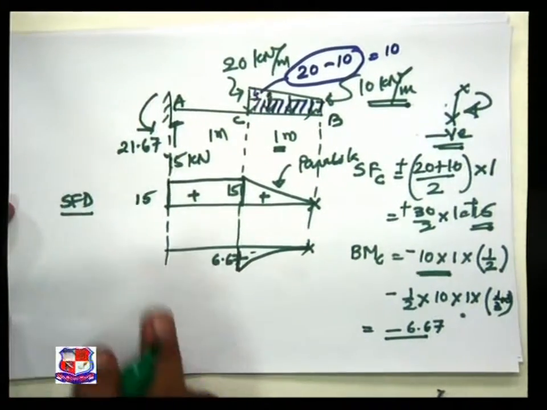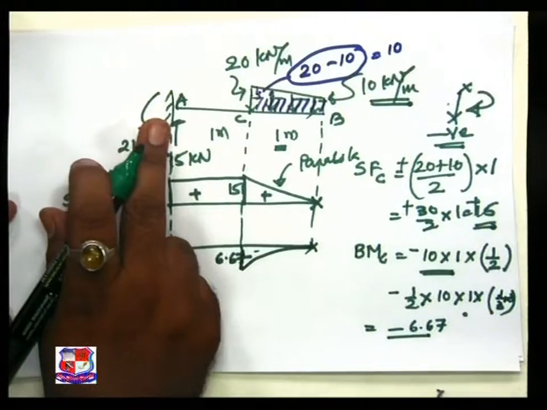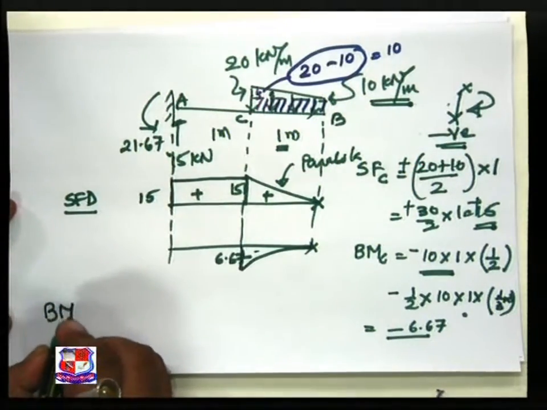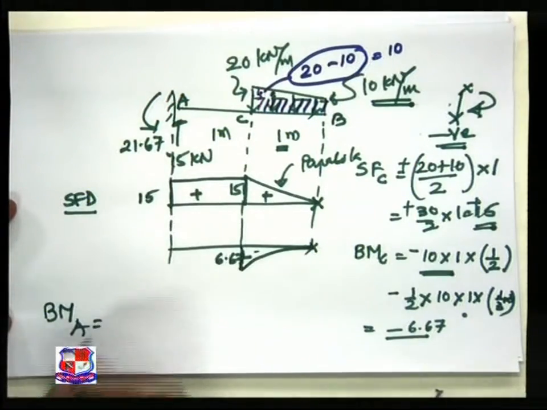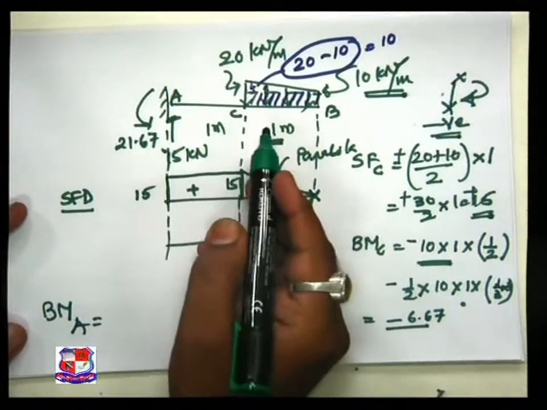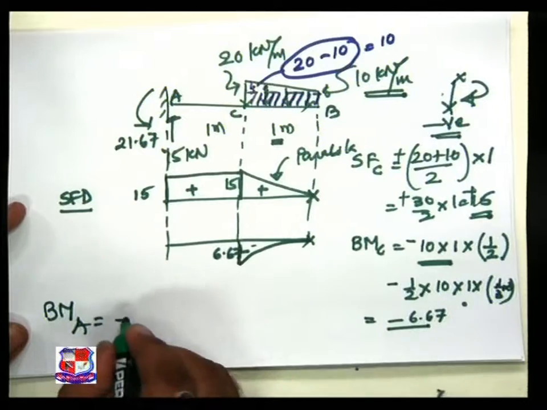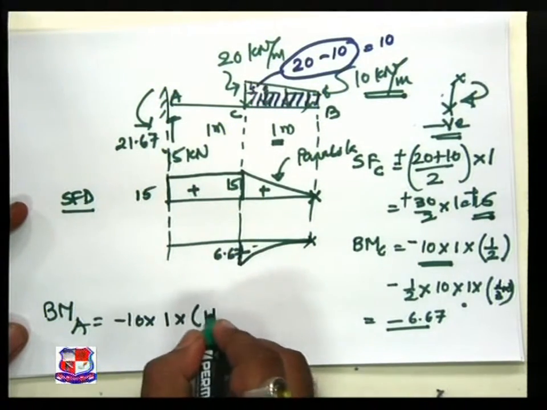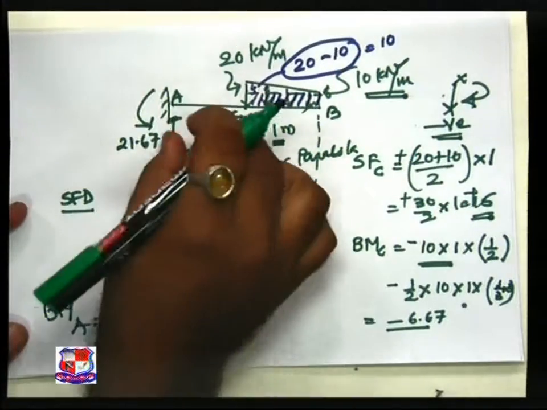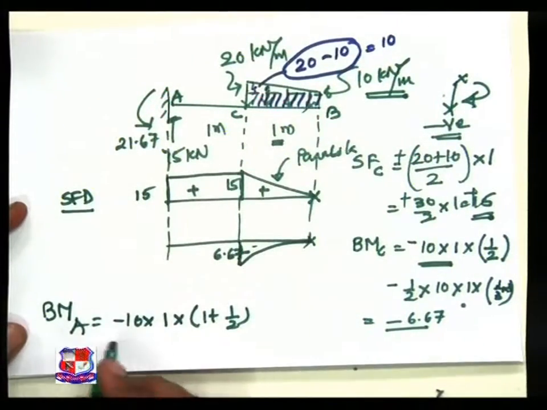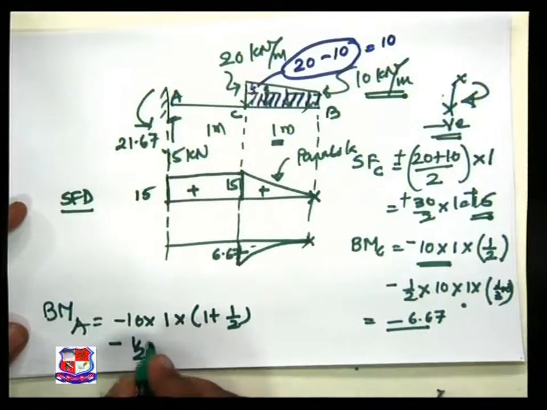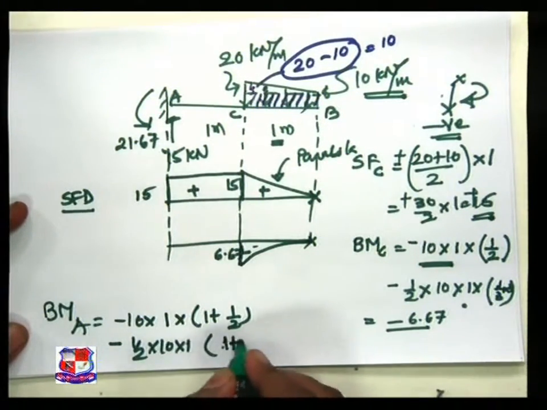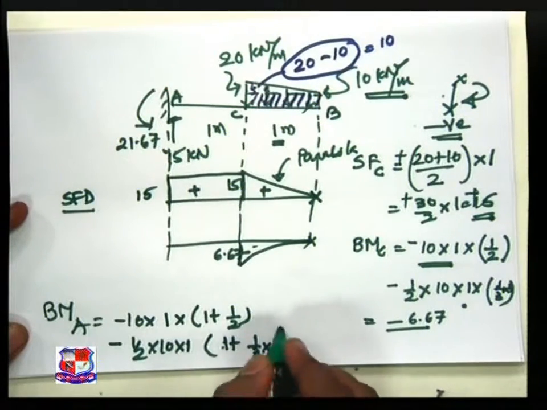Now bending moment at A, our intention is to find out bending moment at A. So bending moment at A is equal to, as we divide into two parts, minus 10 into 1 into 1 plus half, minus half into 10 into 1 bracket 1 plus 1/3 of 1.